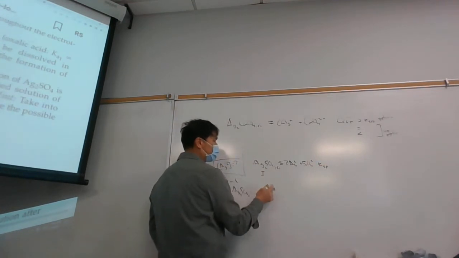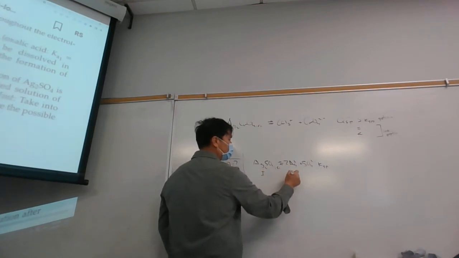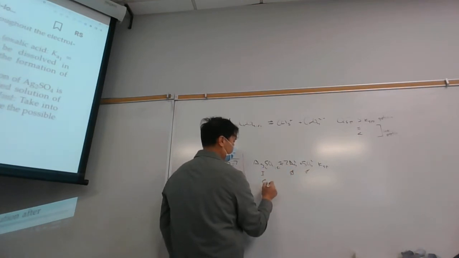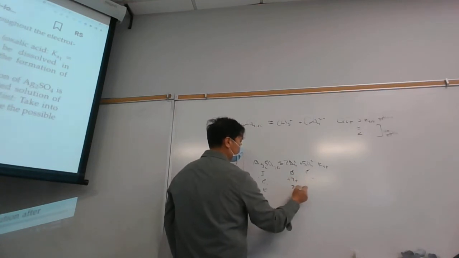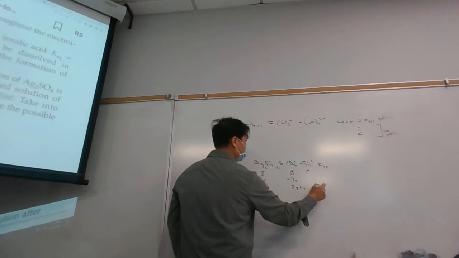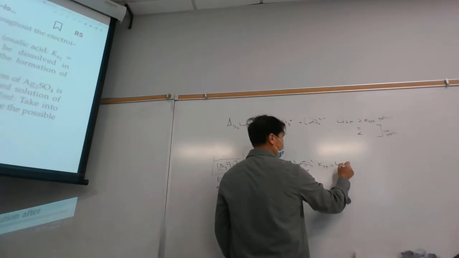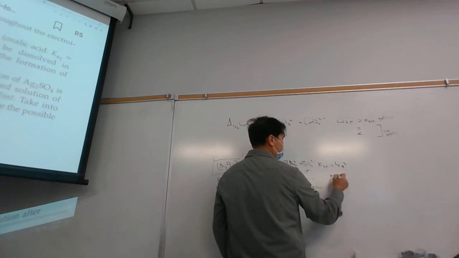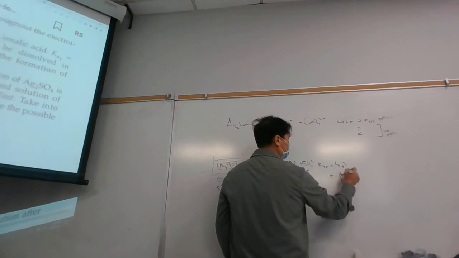If it's saturated, then what that means is if I take some silver sulfate, I'll saturate it. That means I'll start off with 0 here. The change will be plus 2S, plus S, and I'll get 2S and S molar. Then I'll solve for this. This is going to be 4S cubed, which means S is going to be the cube root of KSP divided by 4.